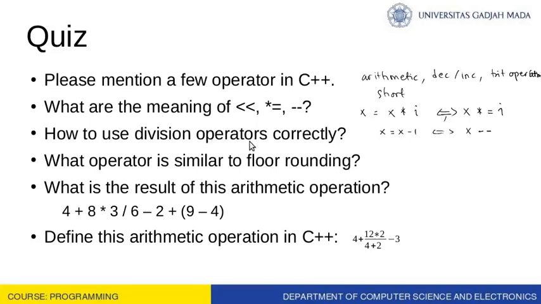And then how to use division operators correctly. When you use the division operator correctly, you have to use one of the operands in float, suppose like this, an integer divided by a float, or a float divided by an integer, or float divided by float, and it will be stored in a float.